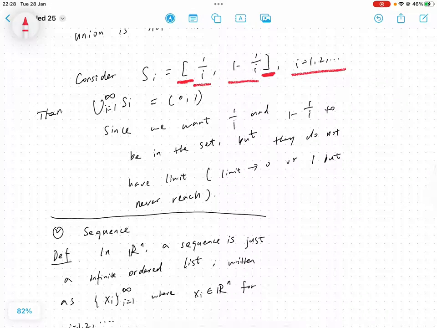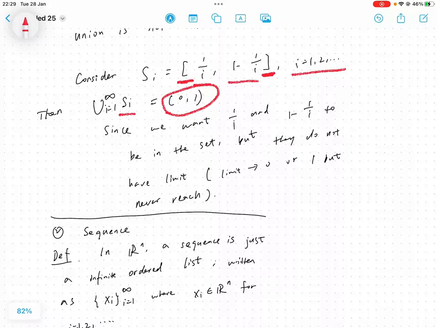If we take the union from 1 to infinity of the sets S_i, that has to be the open set from 0 to 1. And it's easy to show that all those numbers in between are included, but the boundaries 0 and 1 are not included.